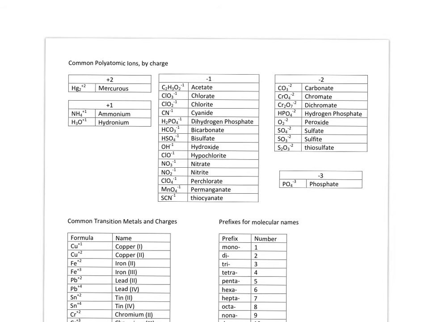Here's my periodic table. Yours might look a little different because I think I reorganized things, but right up here it says polyatomic ions. These are the common ones, and they are in order by their charge. So we've got some positive ones and some negative ones, and they all have names, and they have a formula right here, so it shows you the charge. Some popular ones that we'll see a lot are sulfate, carbonate, phosphate, nitrate, chlorate is one that you'll see a bunch.